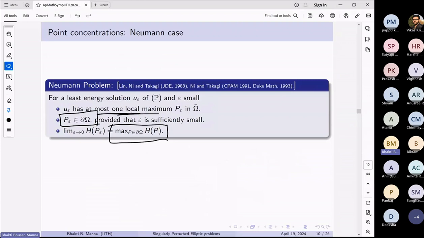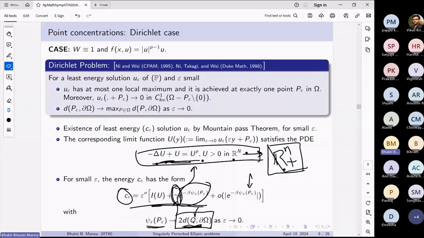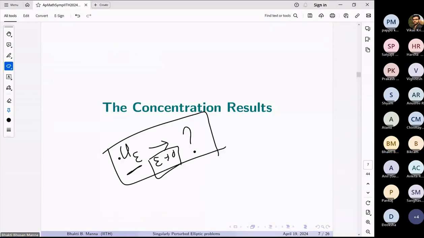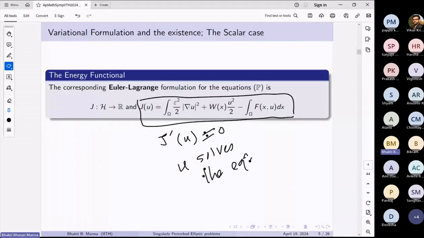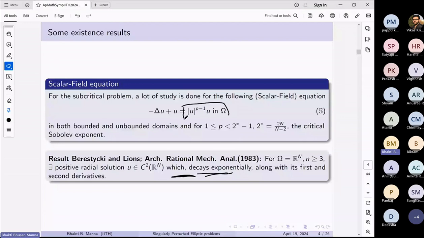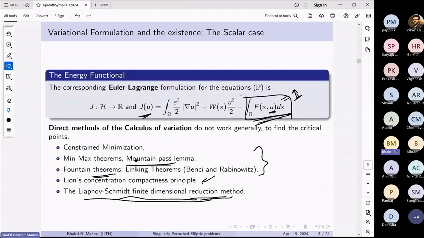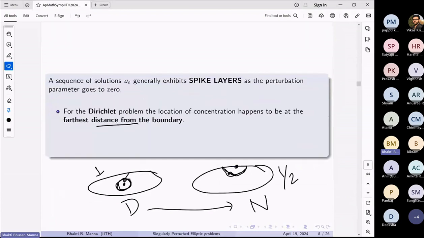Okay. So as I said, this equation is nonlinear because the right hand side is nonlinear. We are dealing with that, so we can expect that there are different energy levels, and at each energy level we have one more solution. And then the natural question comes: apart from this point concentrating solution, can we have other kinds of solution?